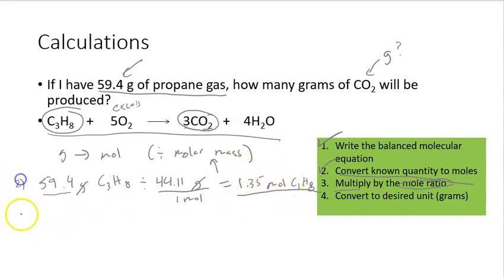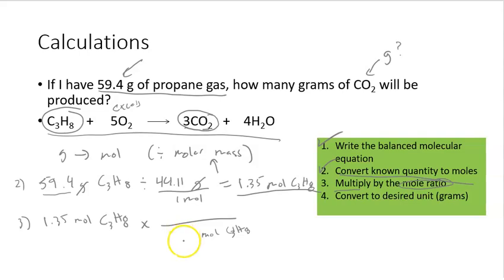So step 3, I'm going to take my 1.35 moles of propane, and I'm going to multiply that by a ratio. And in calculations, we set up ratios like fractions, okay? So whatever unit or whatever substance we have in this step is going to go on the bottom, right?